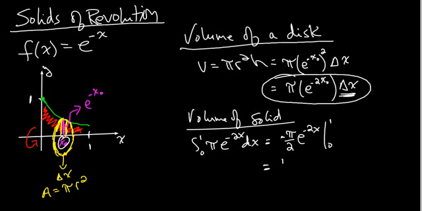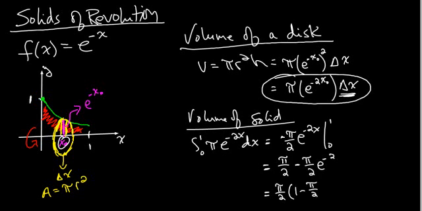This is going to be positive pi over 2, then e to the 0 is 1, and then minus pi over 2 e to the negative 2, which equals pi over 2 times 1 minus e to the negative 2.